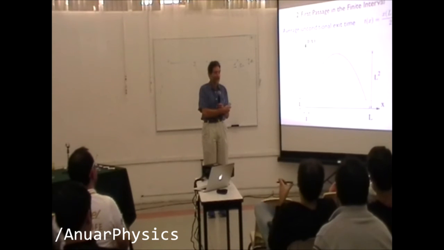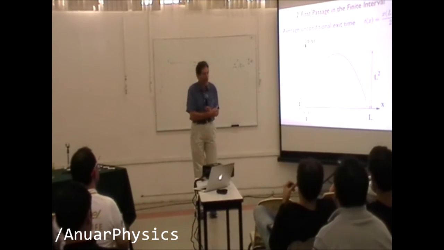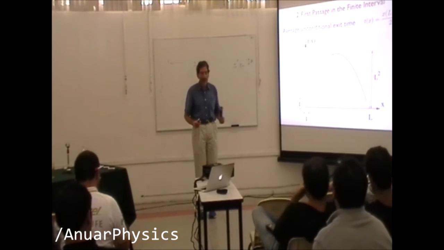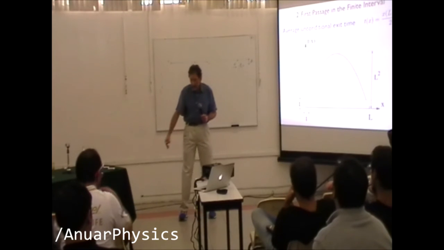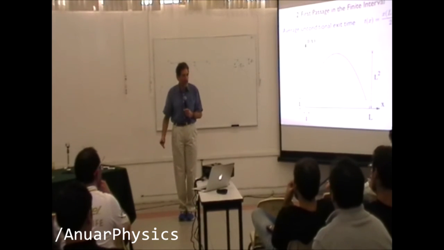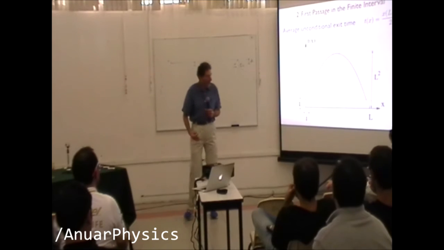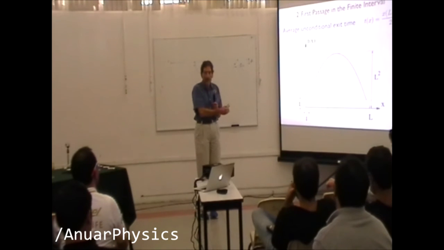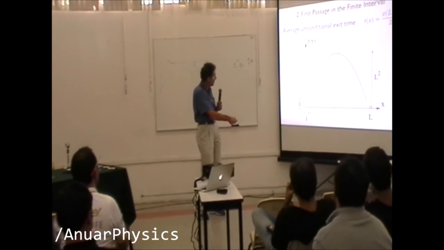Remember x over L. So if I start a distance 1 away, what's the probability to get to the far edge? 1 over L, exactly. How long does it take me to go distance L? It's L squared. So if I go this way, which happens ultimately with high probability, the time is order 1. But if I go all the way to the other side, the probability is 1 over L, and the time is L squared, which gives you L. And that's why the exit time at the edge is of order L.